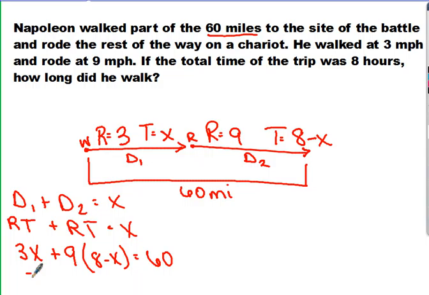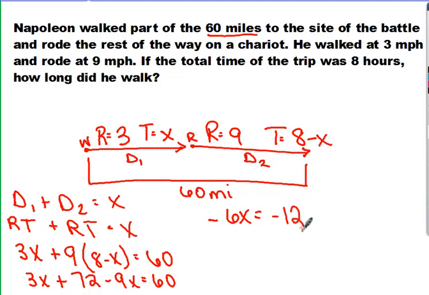In order to solve for x, we're going to distribute. We're going to subtract 72 from both sides and combine like terms. So we have negative 6x equals negative 12. So x is going to be equal to 2. That tells me that he walked for 2 hours.